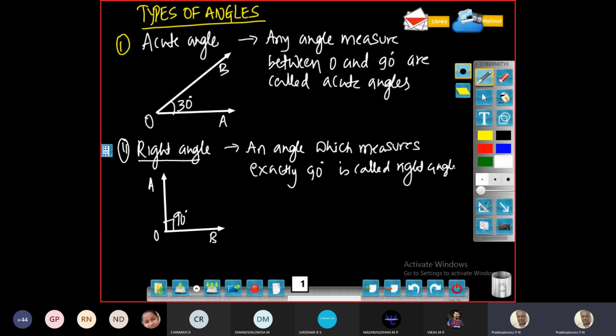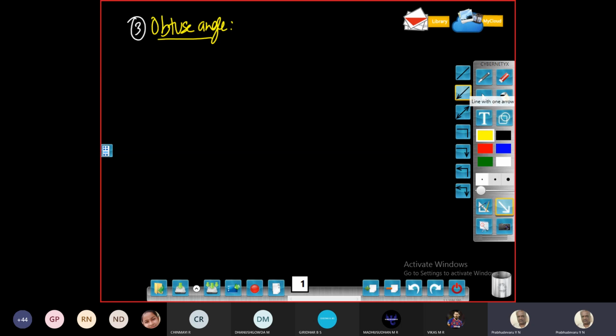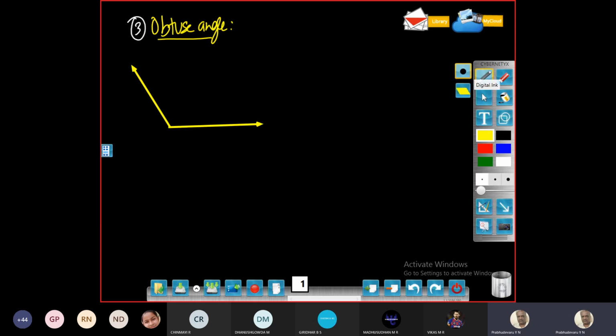These are some of the basic terms and concepts that you have learned in the lower classes. We are just recalling some of them. So the third one is the obtuse angle. Let us understand what an obtuse angle is. I am going to draw the diagram of this angle, maybe 120 degrees or some other angle.